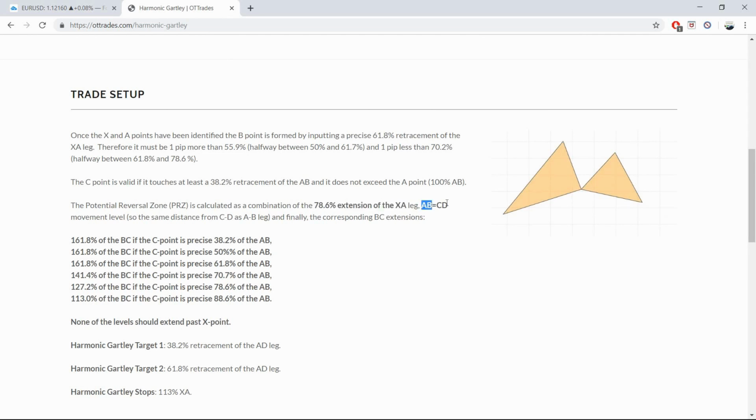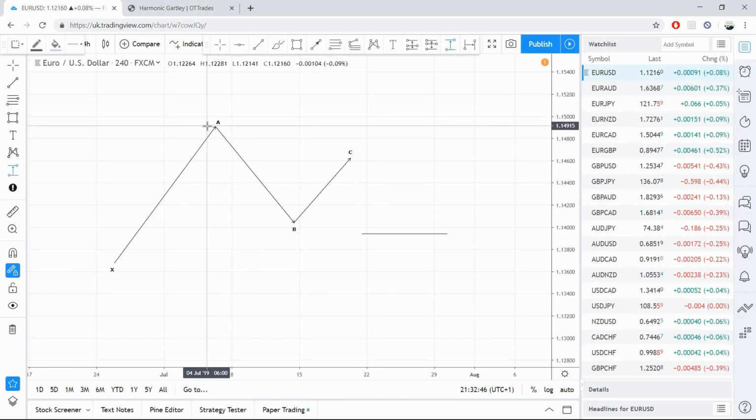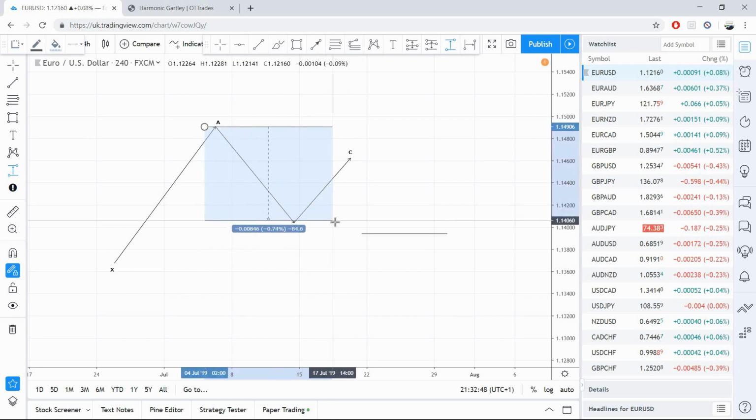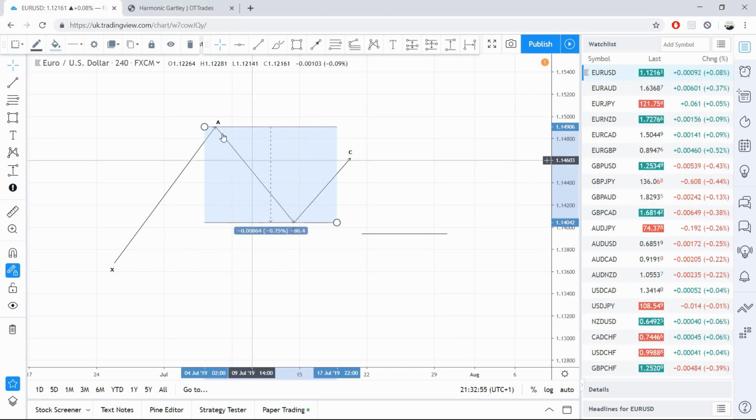The next part is an AB equals CD movement. The A to B leg is, measure it out, 86.4 pips movement. It's an 86.4 pip move down.